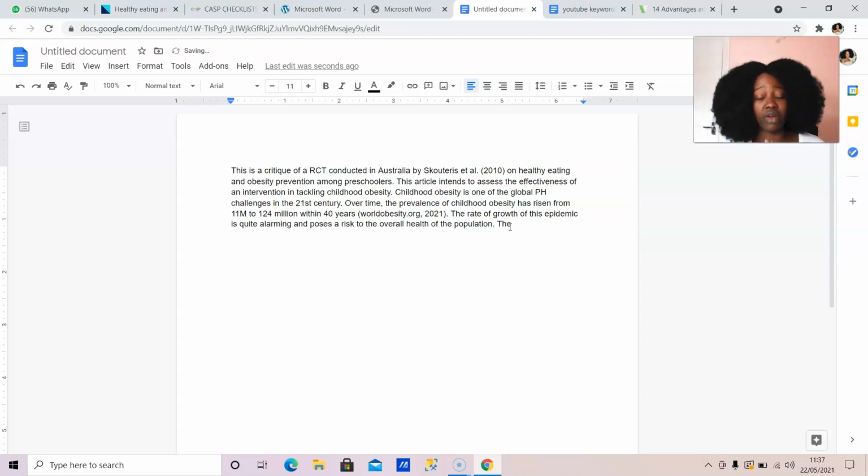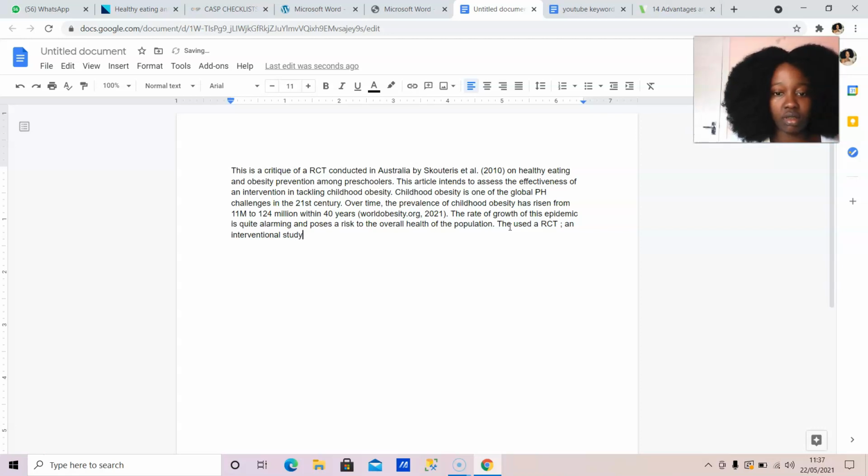The study is a randomized control trial. So the study used a randomized control trial method, right? Which is an interventional approach, an interventional study to assess LD eating among preschoolers, right?